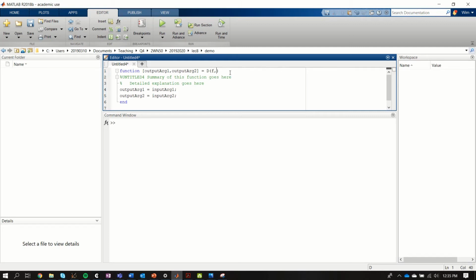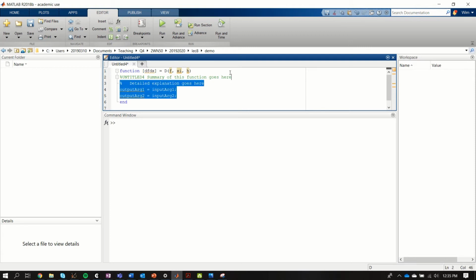The inputs are an arbitrary function f, the point where we want to compute the derivative xi, and the spacing h that we want to use in order to compute our finite difference formula. The output will be the finite difference approximation of the derivative df dx.